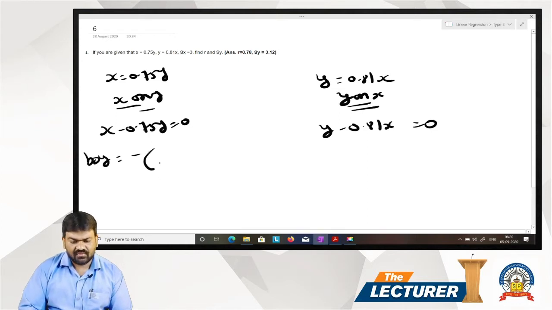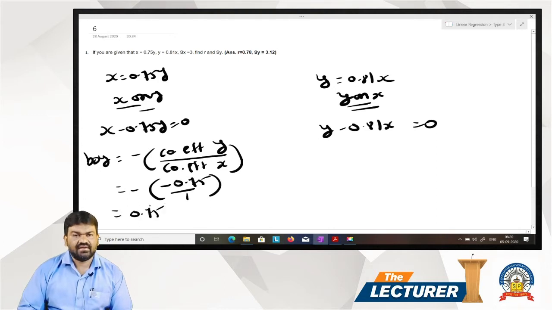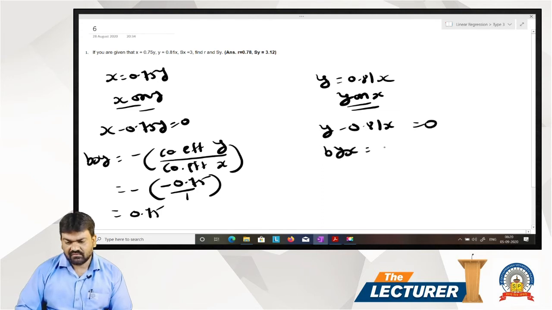bxy is equal to minus coefficient of y divided by coefficient of x. Minus y's coefficient, minus 0.75, divided by 1, that is minus minus plus 0.75. byx is minus coefficient of x divided by coefficient of y.